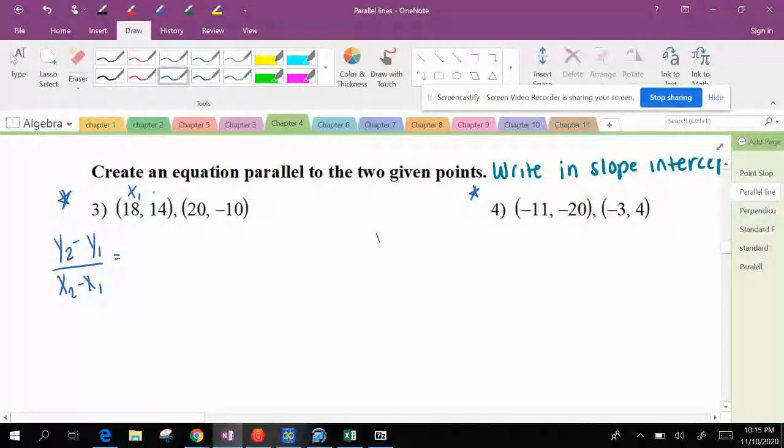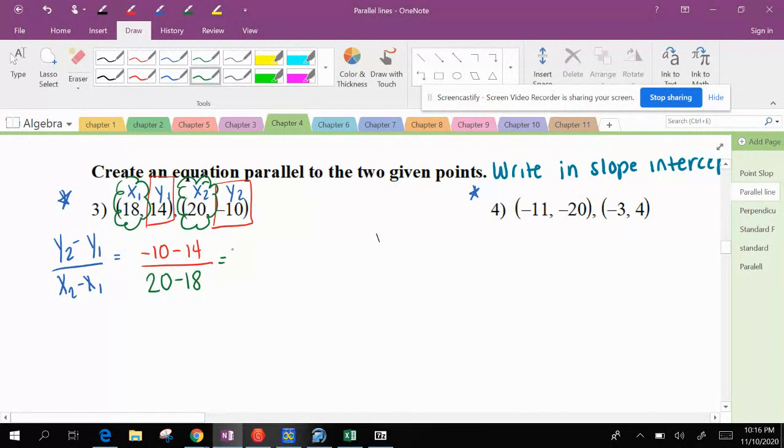I label my points x1, y1, x2, y2, and I start plugging in: y2 minus y1, negative 10 minus 14, over x2 minus x1, 20 minus 18.